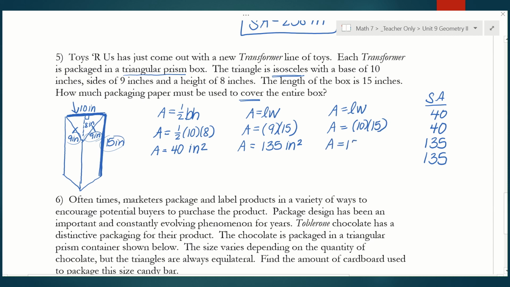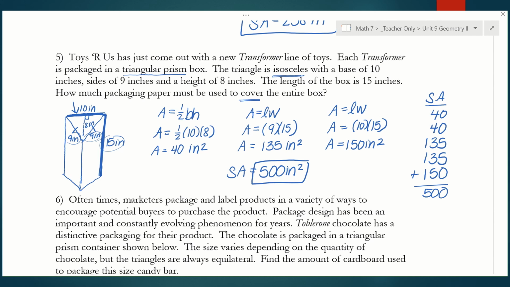So 150 needs to be added into my list, and that gives me 5 sides. And so when I add all those up, I am going to get 500. So I would need 500 square inches of packaging paper to cover that box.